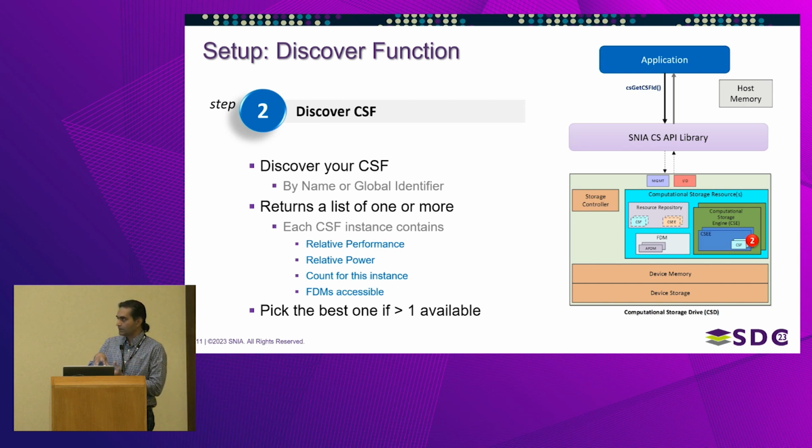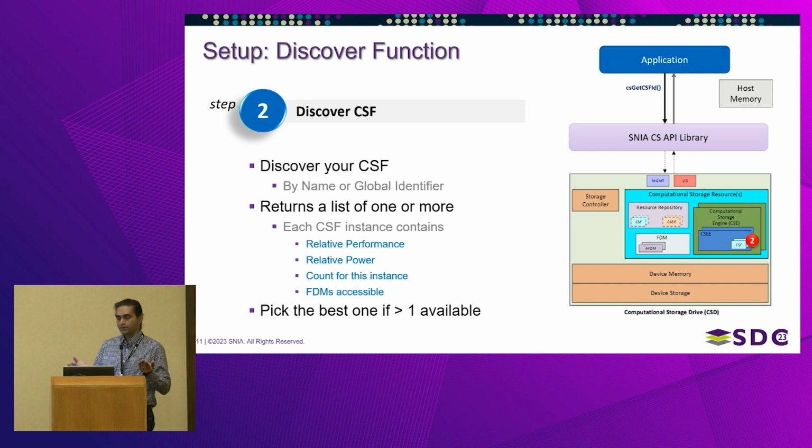So what we did was we centered the usage of computational storage around the CSF. So when you discover your CSF, what you get back is information on how that CSF is, or which is the memory that CSF has access to. If there is more than one function of the one that you requested, then it will return more than one CSF back.